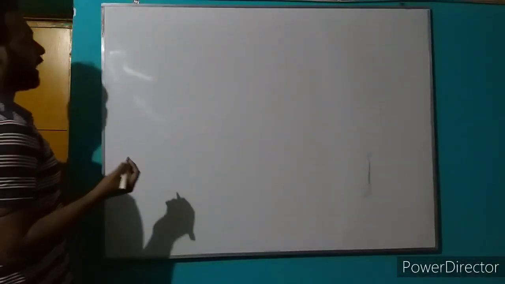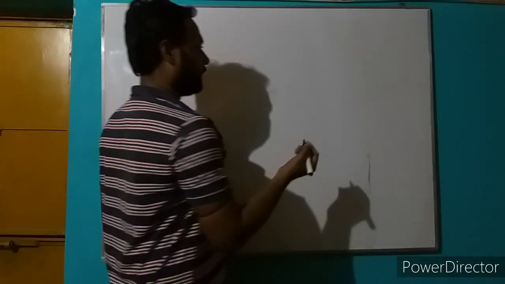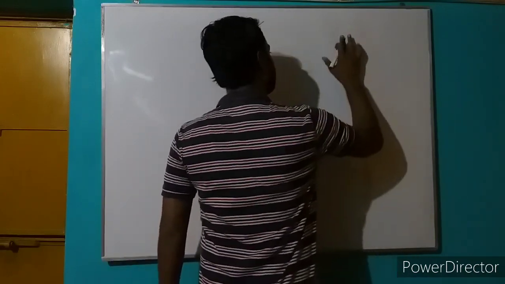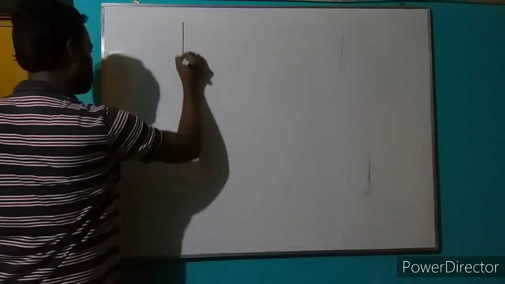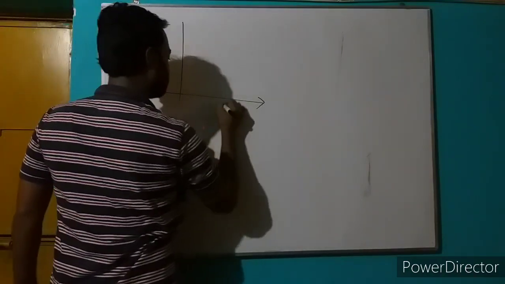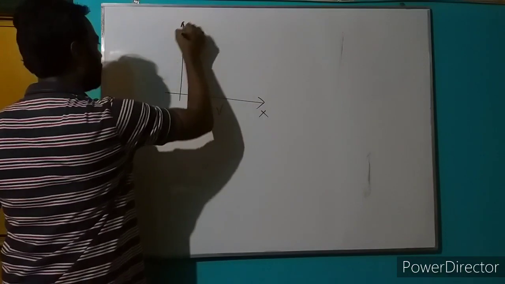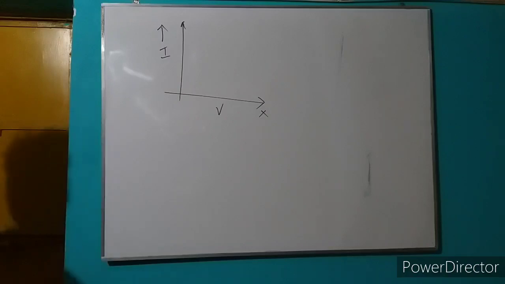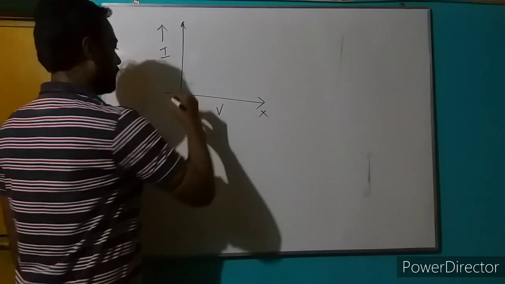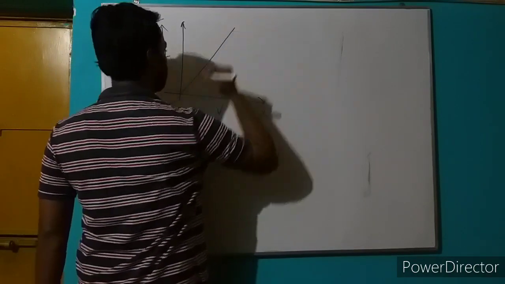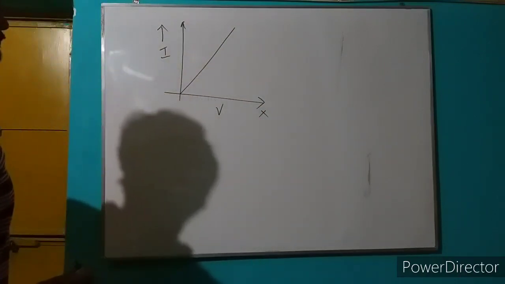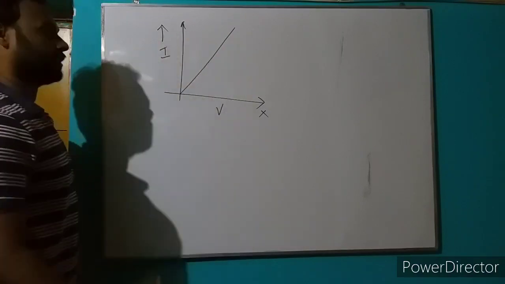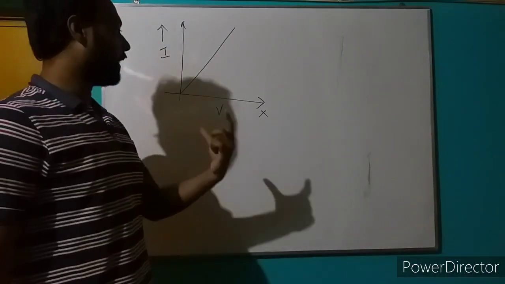Now, if we plot a graph between voltage versus current, with V along the x-axis and I along the y-axis, the graph is a linear graph. That graph is for an ohmic conductor, a conductor which obeys Ohm's law.